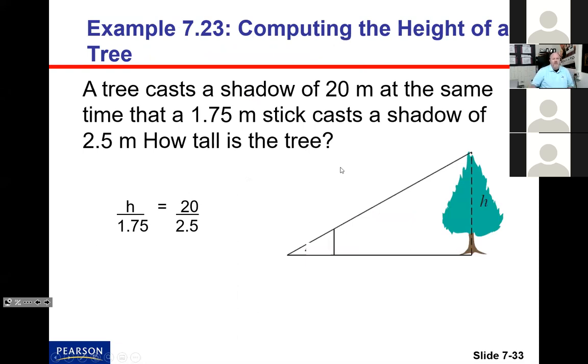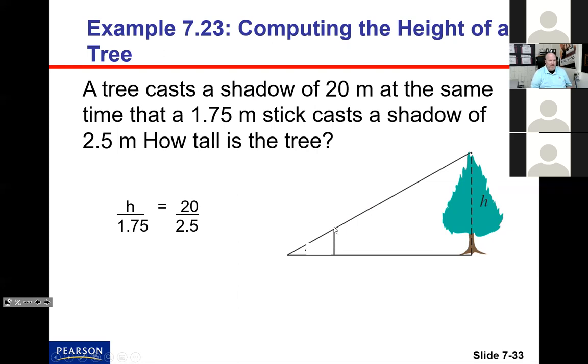So what we have here is a tree. We do not know how tall the tree is because most people can't go outside and measure the height of the tree. But we can see that this tree casts a shadow. Along the bottom here is 20 meters, all the way along the bottom.